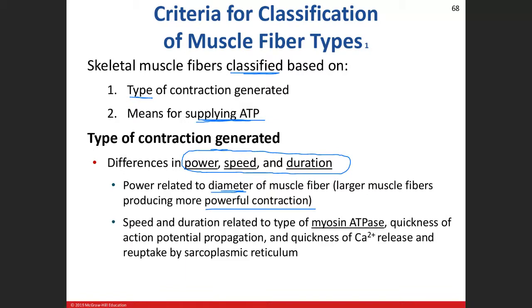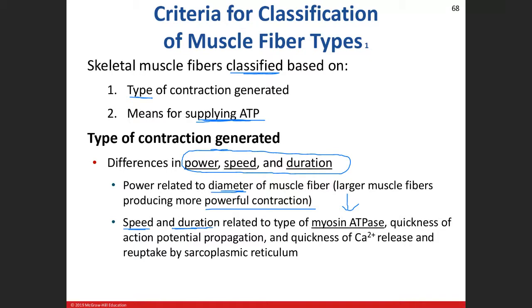So the speed and duration, this is based on, and this is where I mentioned this earlier, and I'm bringing us back to this enzyme here, the ATPase. This comes back to the type of that myosin ATPase, and how quickly it's able to break down ATP.